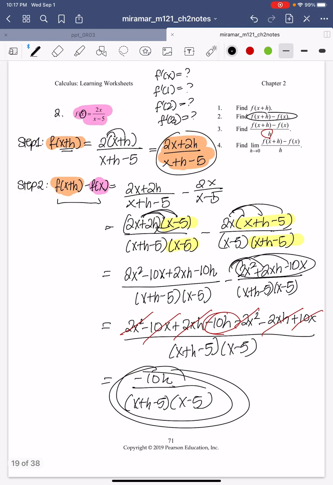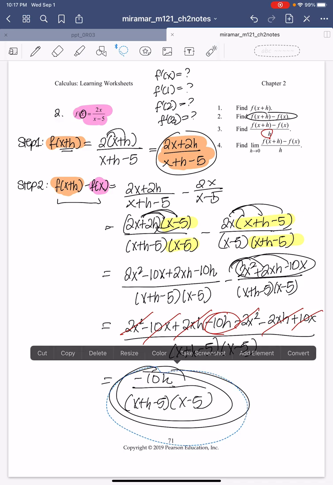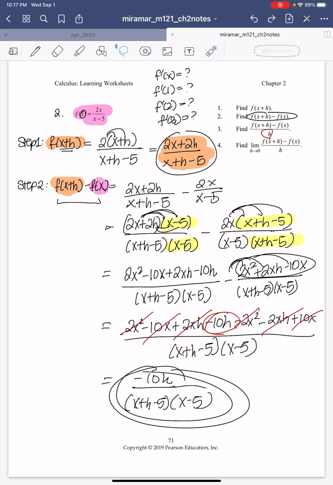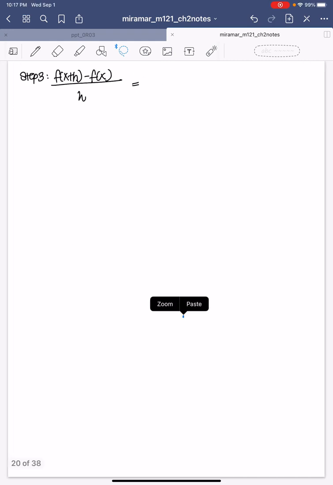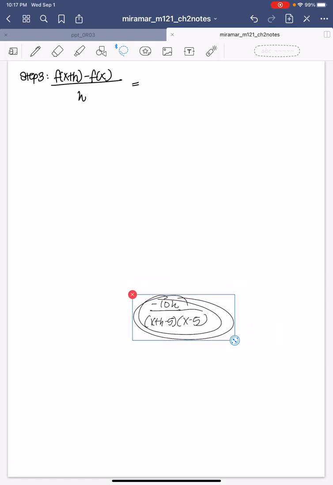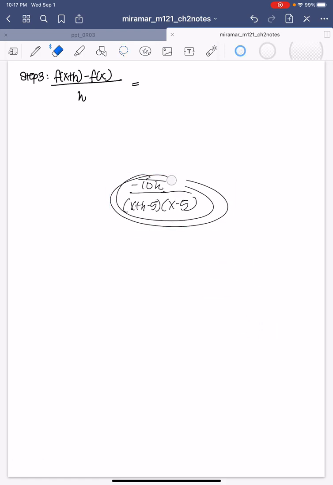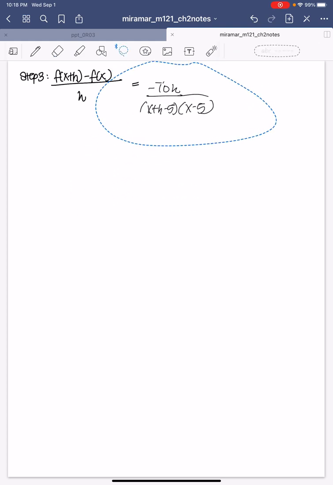So step 3 will be f of x plus h minus f of x all over h. Copying down this one over here.